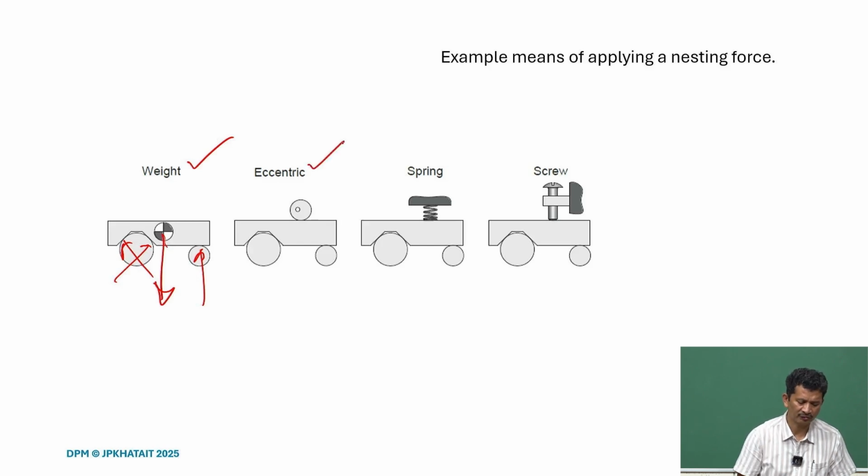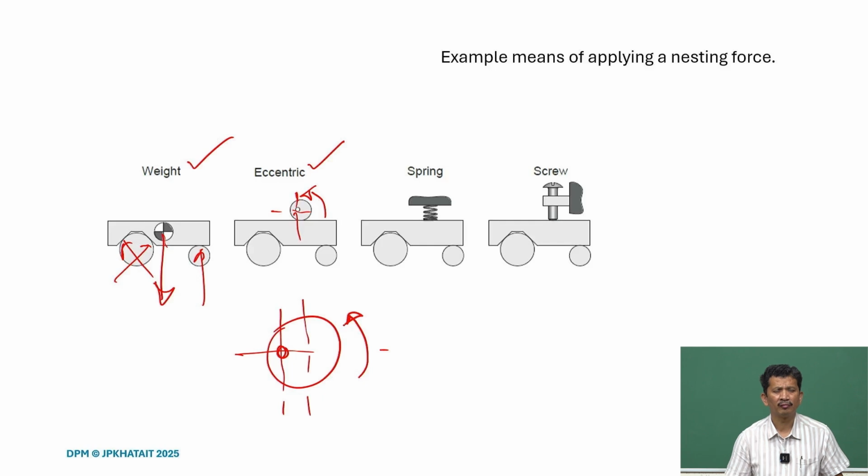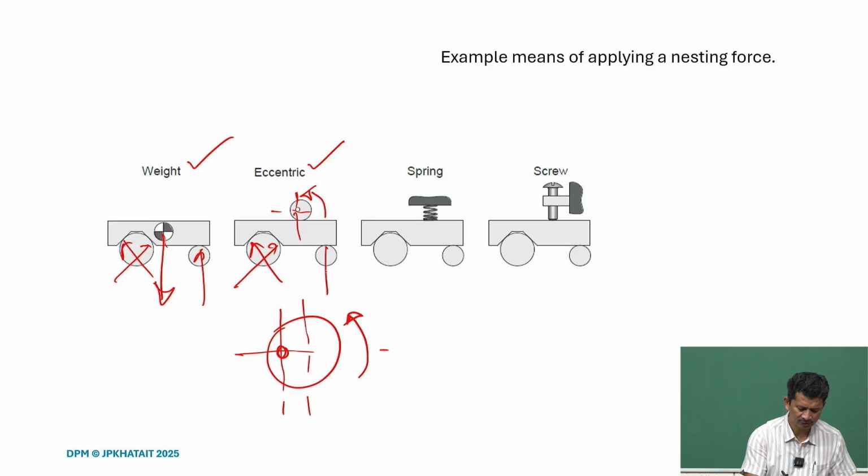Other is the eccentric cam. You can see, and if you rotate, this is the center, but it's pivoted here. So, as we turn, we get the wedging effect and we can lock it, and again we can get the sufficient nesting force here.